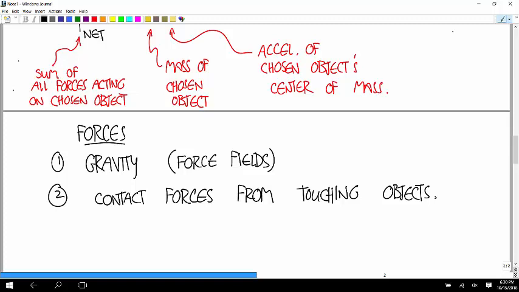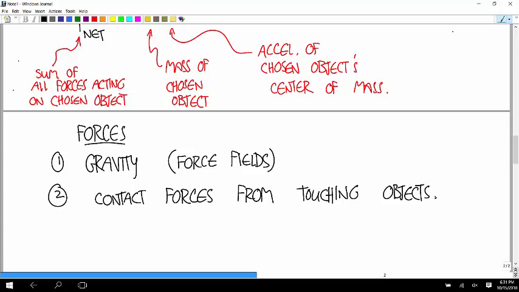You're going to account for the weight force that gravity applies to things, and then you're going to go around the boundary of your chosen object. Like say your chosen object is the wheel of a car, you're just going to go around the boundary and look at any place that outside objects are touching the boundary. And you know at each one of those contact places, there's a force.